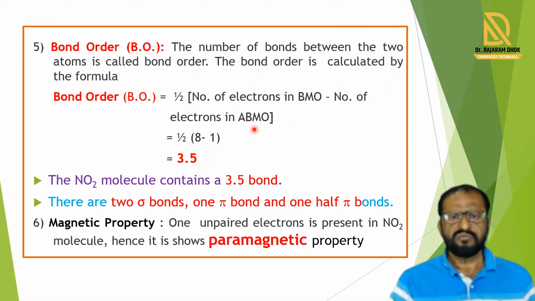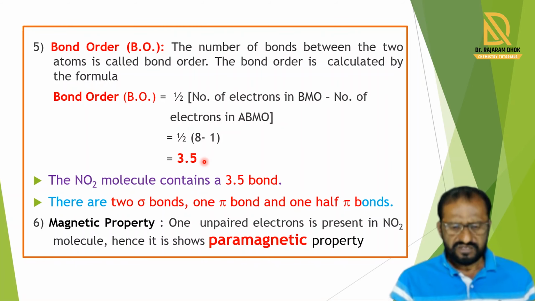We have seen that in bonding molecular orbitals 8 electrons are present, and anti-bonding molecular orbitals contain 1 electron. So 8 minus 1 divided by 2, that is 3.5. So we say that the NO2 molecule contains 3.5 bonds.